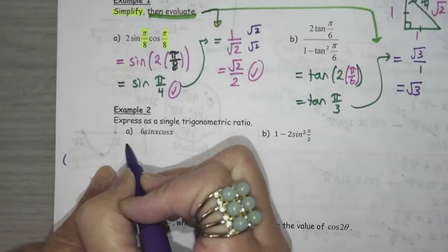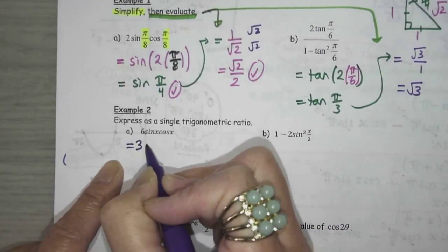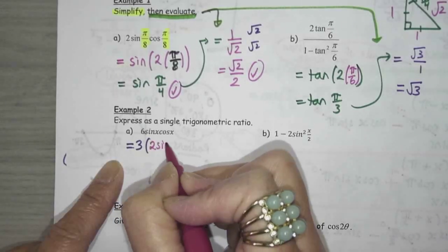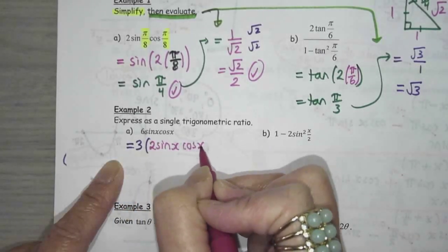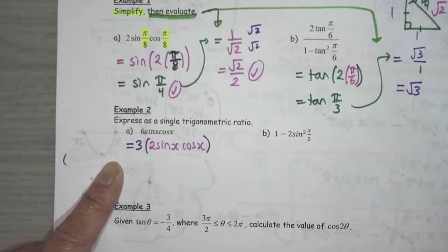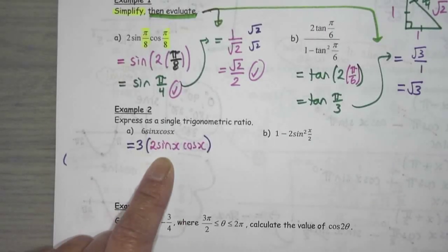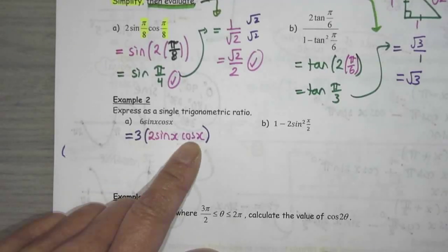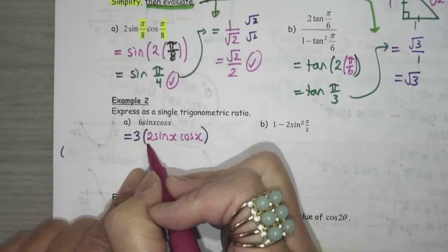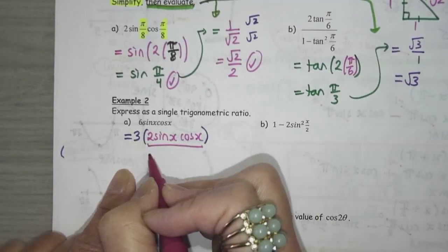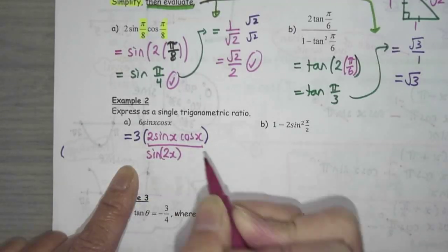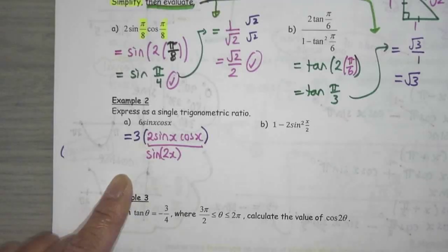So then let's fix that and go, okay, this will be 3 times 2 sine cos. Right? So it's very similar, and you go, oh, I can get the double angle out of that. If I take the 3 out, and I go 3 times 2 sine cos, then this part here can be rewritten as sine of 2x. And then this, you keep the 3 in front, and that's it.